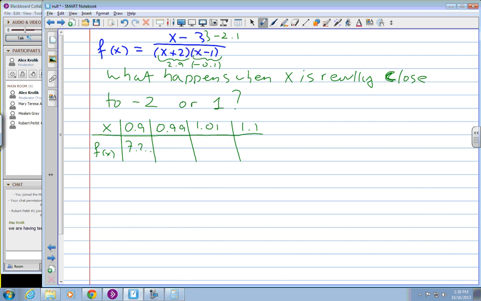But if I get closer, if I do 0.99, how will that change? My 2.9 will become 2.99. Negative 0.1 will become negative 0.01.